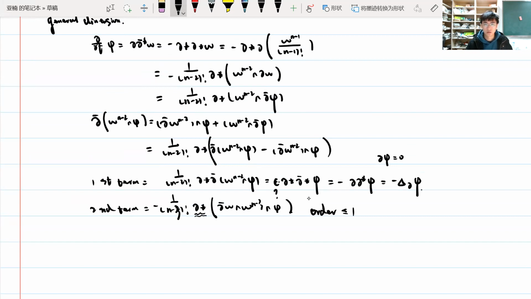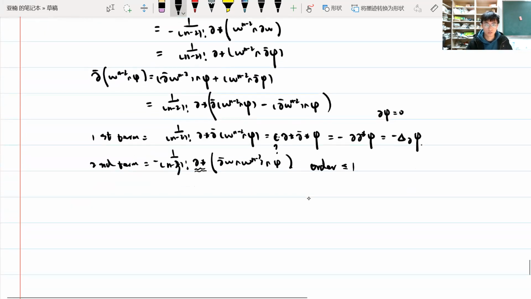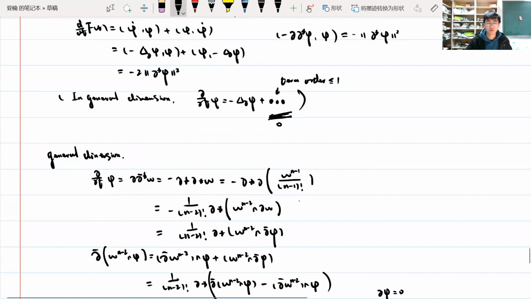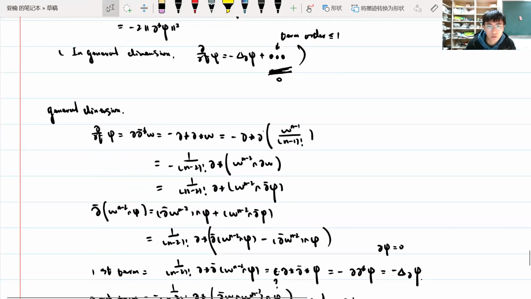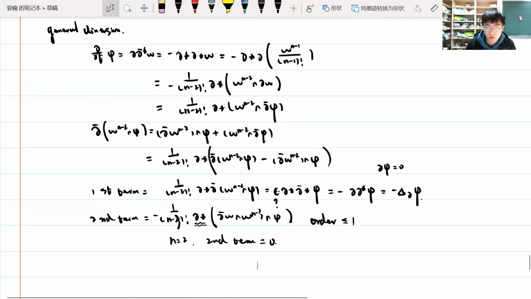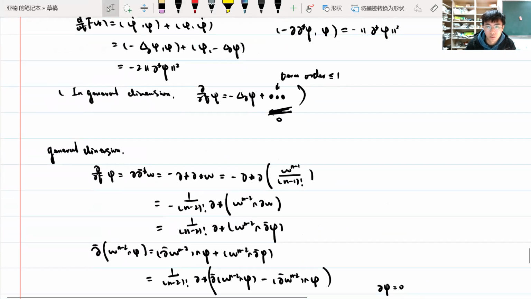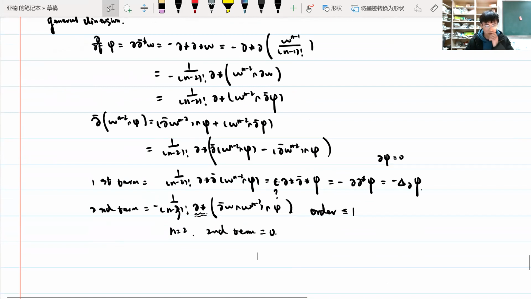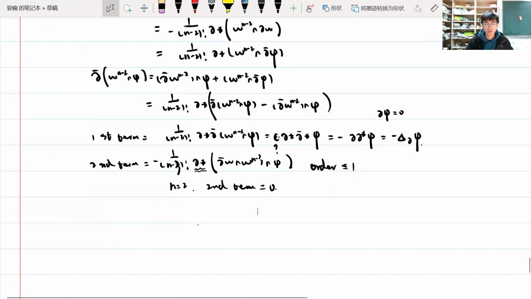In the case n equals 2, the second term is 0. So in the high dimensional case, it may not be a heat kernel, but has something added. I don't know whether this term is definite. I'm not sure.